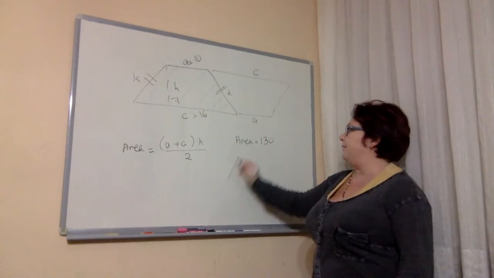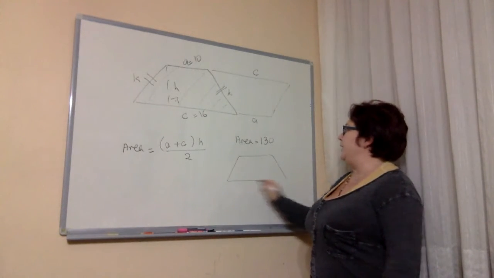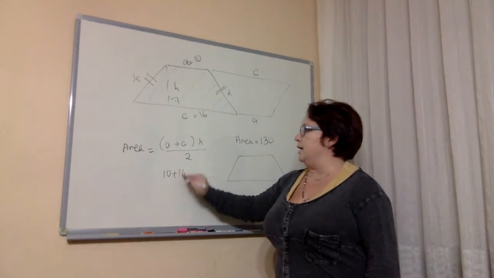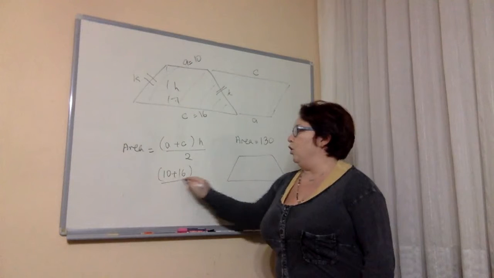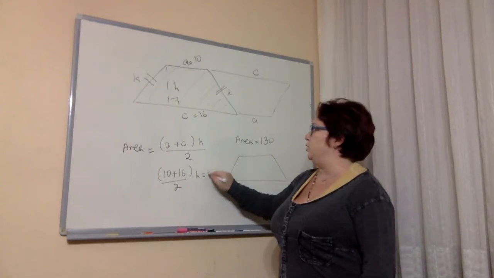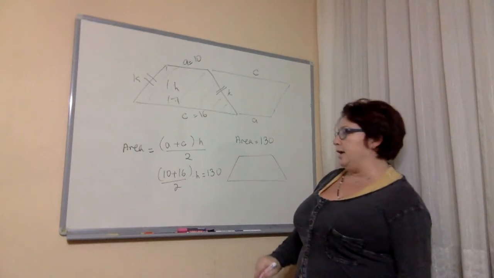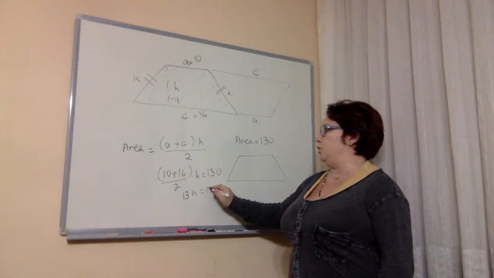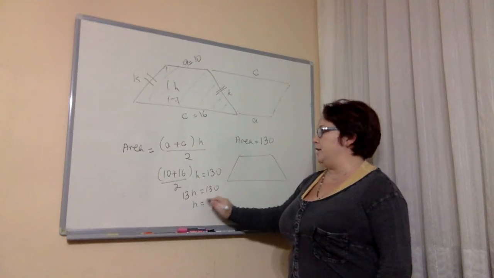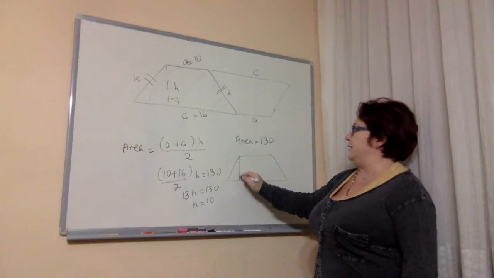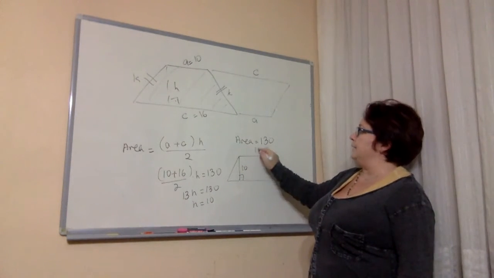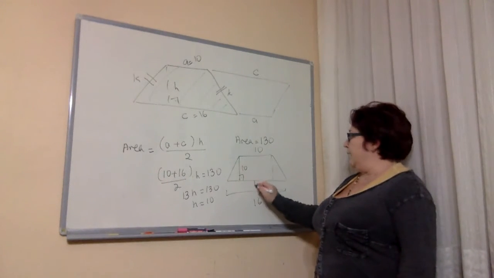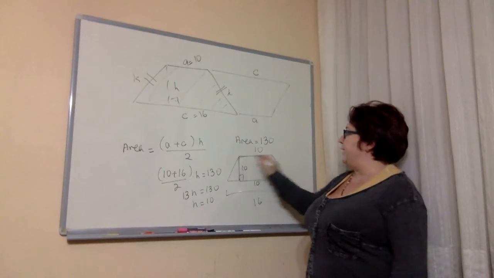So what do we have? We can find H by using the area formula. So we take 10 plus 16 over 2 times H equal to 130. Now, this simplifies as 13H equal to 130. H is simply 10. If that's another 10, and this whole thing is a 16, then this is formed as a rectangle here.